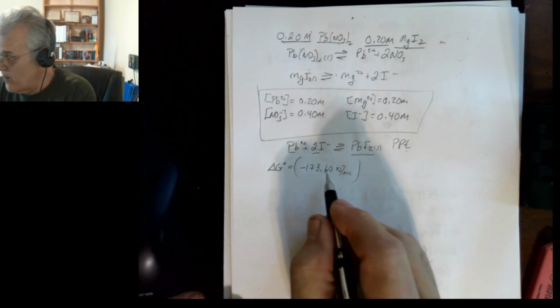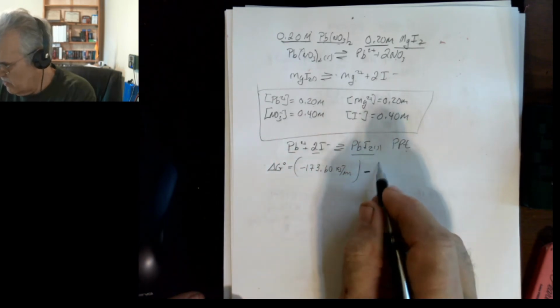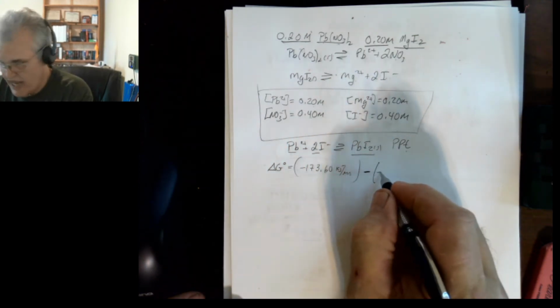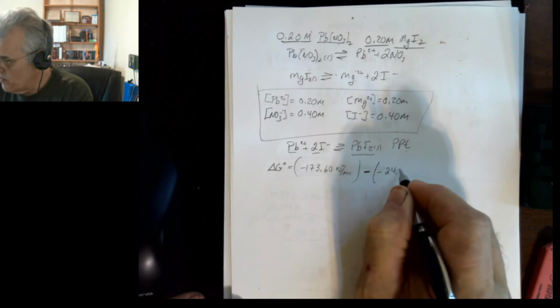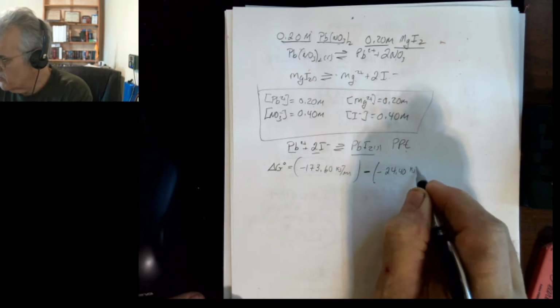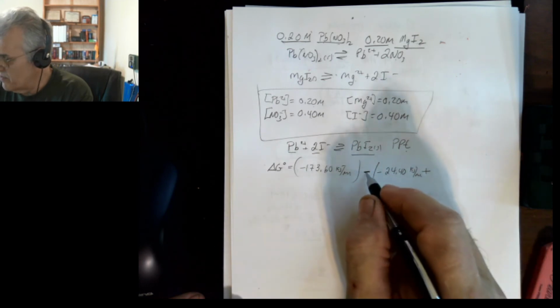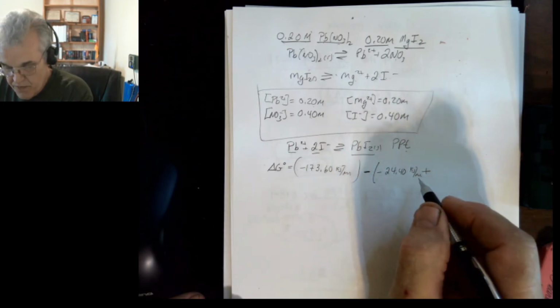So we said it's change final minus initial, and then initially that's the lead 2 plus, and if we look it up, the Gibbs free energy for the lead is negative 24.40 kilojoules per mole. Plus, now I'm adding the negatives, but it's going to be the negative of a negative here.